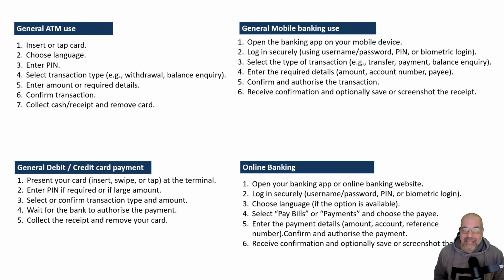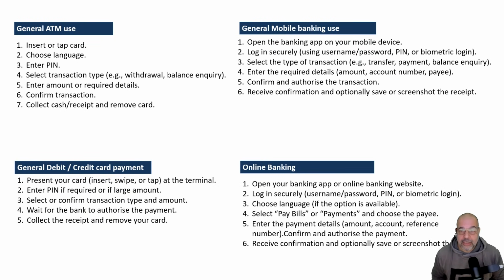General mobile banking use. So this will be using a mobile device. So here you would open the banking application on your mobile device. You're going to log in securely using a username, a password, a PIN, or a biometric login like fingerprint or face recognition. Select the type of transaction like transfer, payment, balance inquiry. You can't do cash withdrawal. That's not possible because it's electronic funds here.